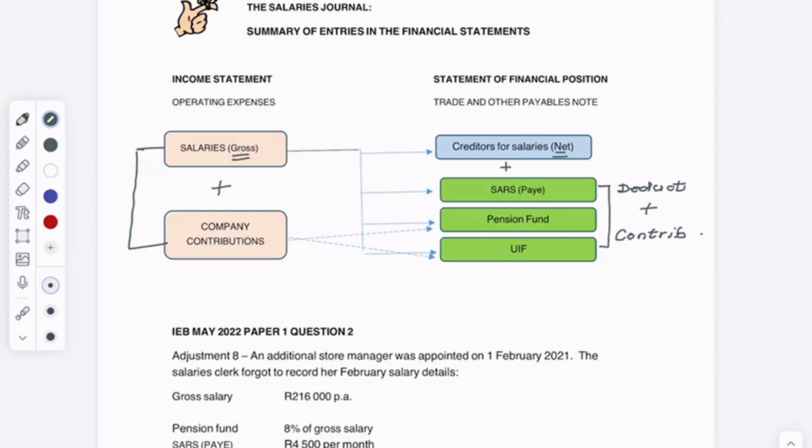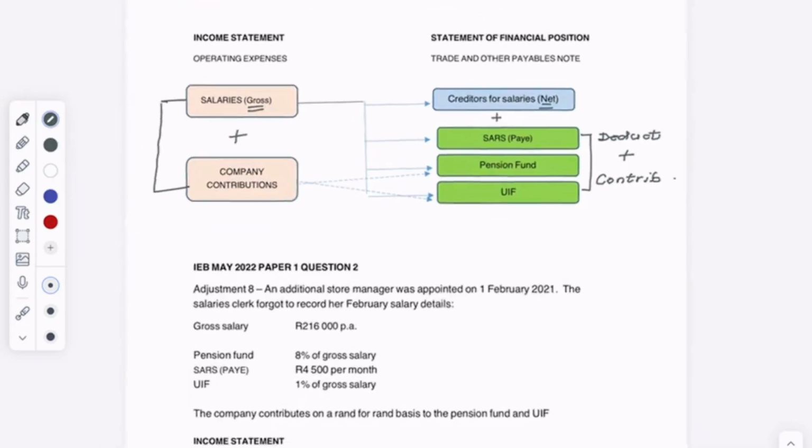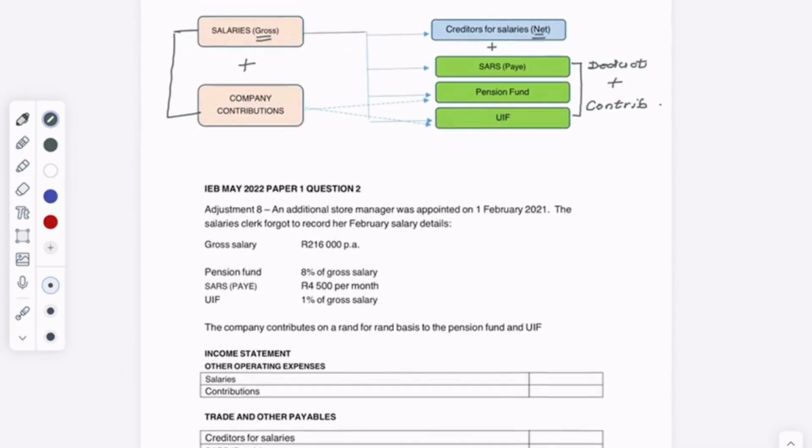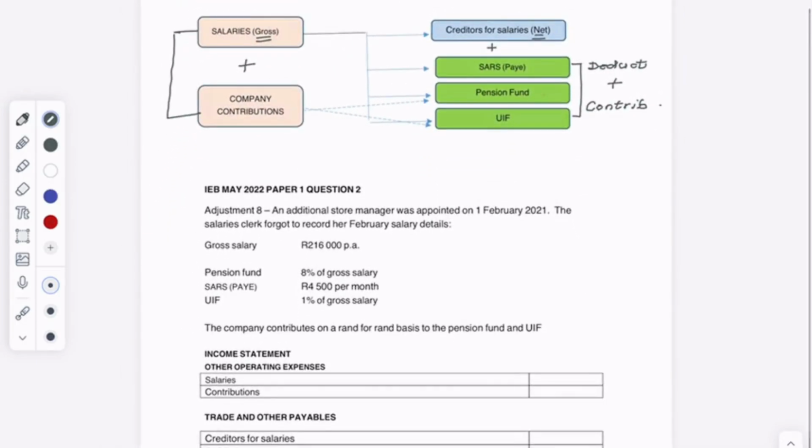Okay, so now let's apply this little summary to a question that came up in last year's IEB paper, the May 2022. And this is the standard format of how they ask you. It was adjustment number 8. An additional store manager was appointed on the 1st of February. The salaries clerk forgot to record her February salary details.